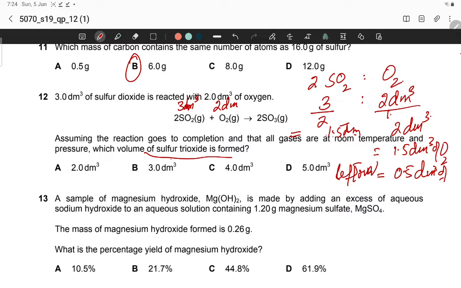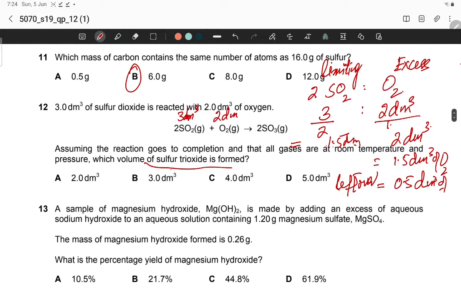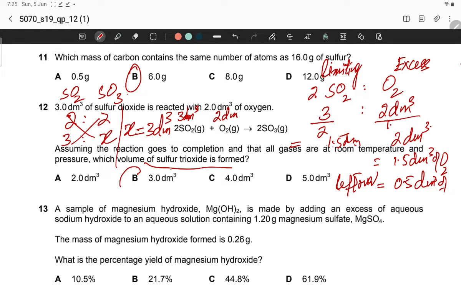So oxygen is the excess reactant and sulfur dioxide is the limiting reactant. The limiting reactant determines the volume of the product, because all exist in gaseous state. So 3 dm cube, with ratio 2 to 2, sulfur dioxide to sulfur trioxide, and 3 volume ratio x. By cross multiplying, x is equal to 3 dm cube. So 3 dm cube is the correct option.